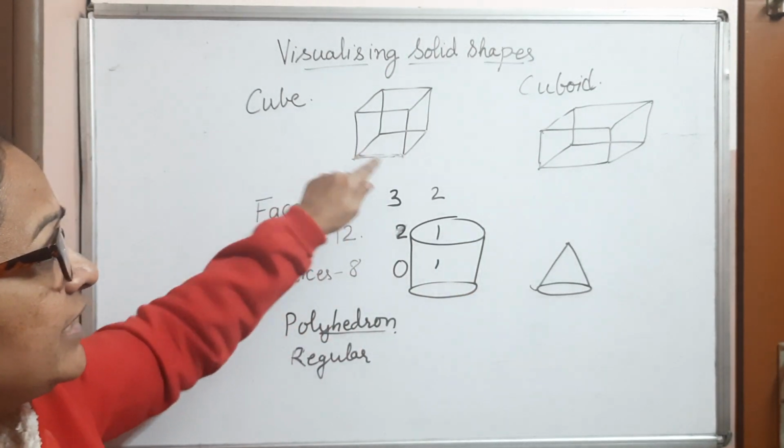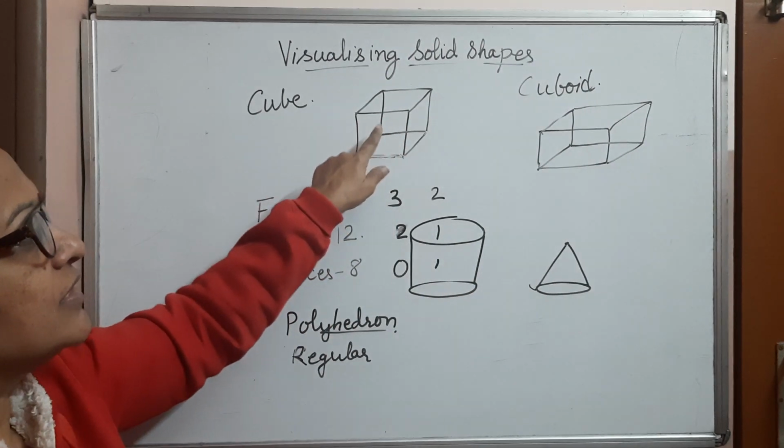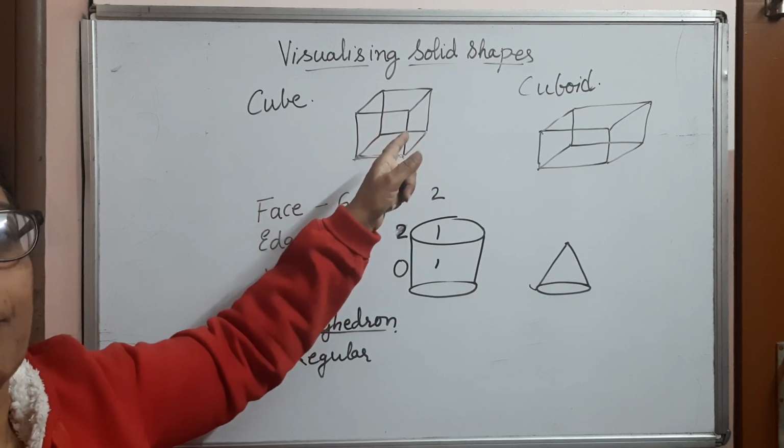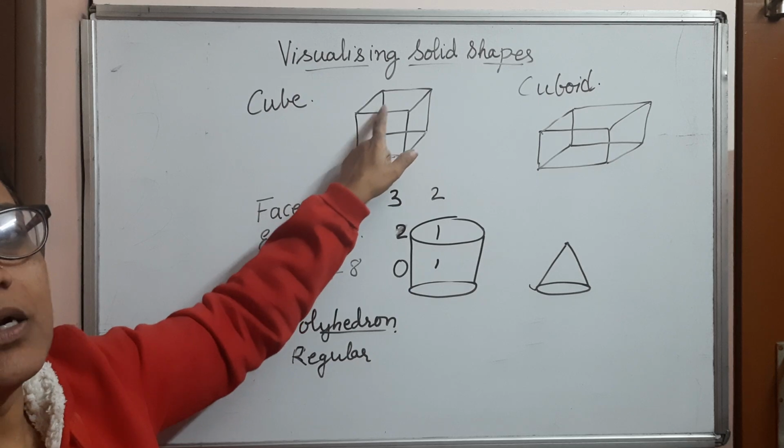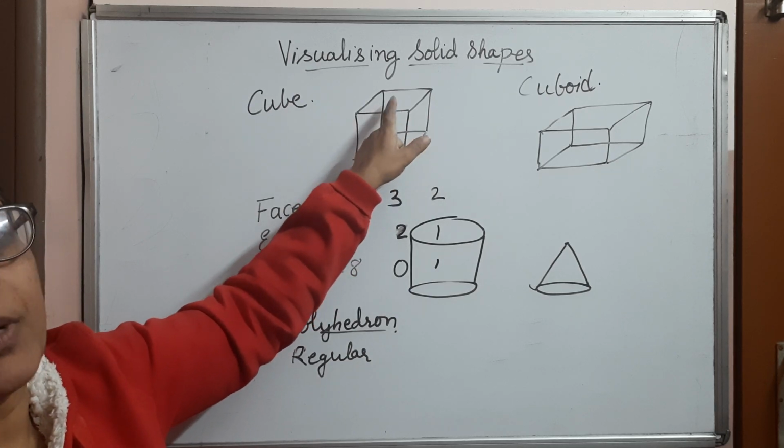That means at each vertex, the number of faces which are meeting are the same and the faces are also identical, or they are of the same shape and size.